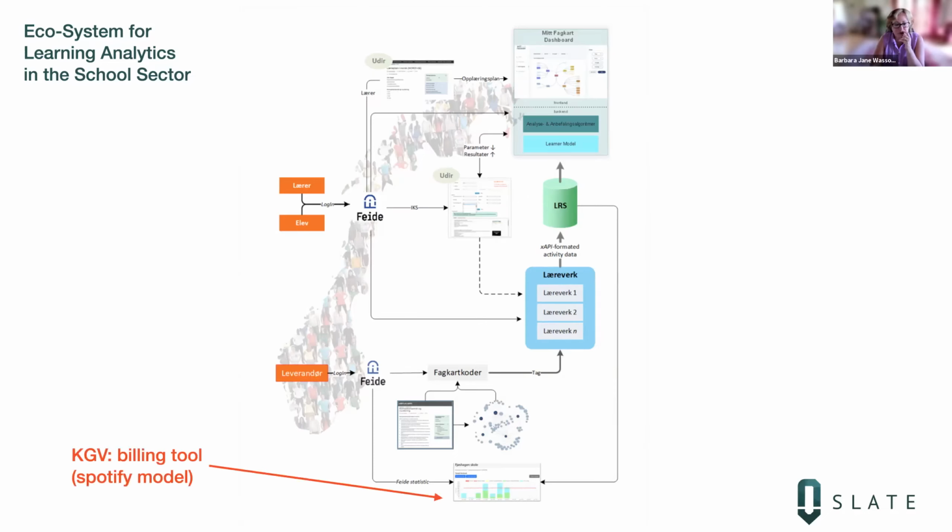And we're doing a new model for payments in Norway, for educational tools in schools, which I call the Spotify model, because it's based on use. So the activity data from students using tools goes into a tool that's been developed that counts how many students have been using a tool during a month, and the vendors are paid based on that.